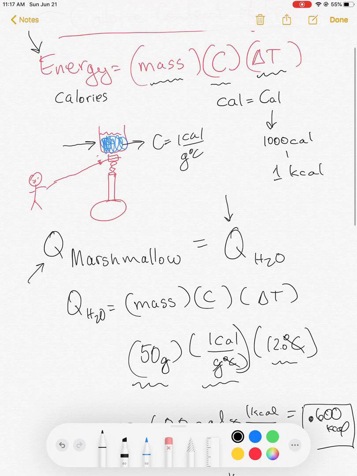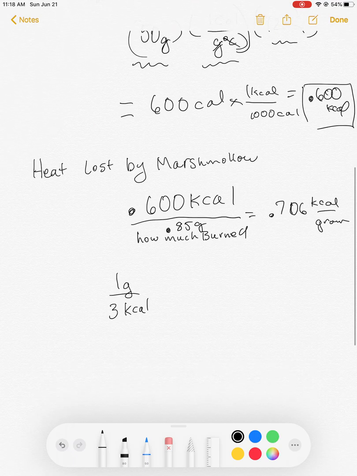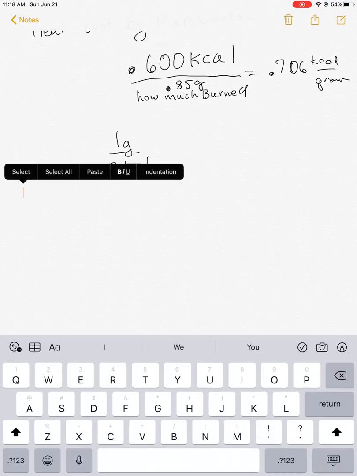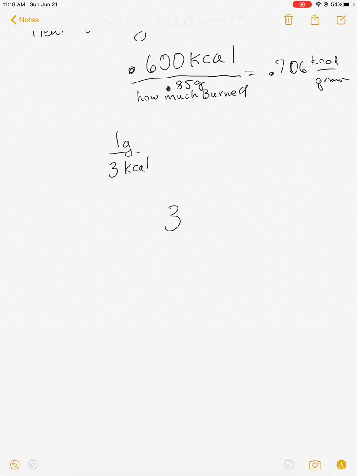And of course it is, because the heat from this marshmallow is going out to the air, and then also you've got heat that's being absorbed by the container. So this lab has a lot of error in it. So you're off by quite a bit. So 3 kilocalories minus what you got, over what you're supposed to get, you're going to end up with a tremendous amount of error, and that's okay. That's to be expected.